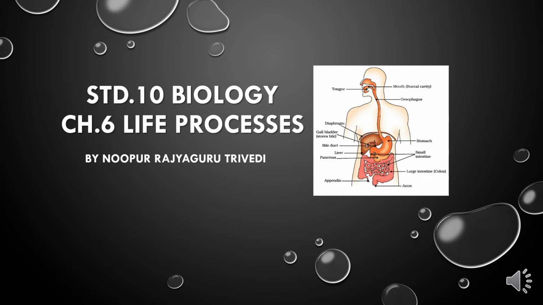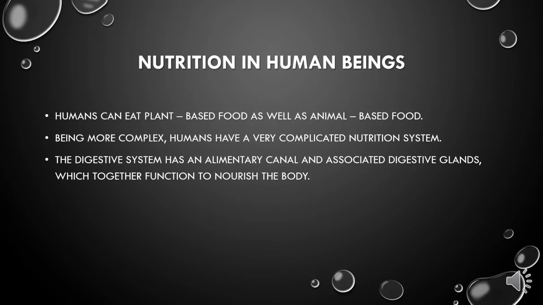As you know, in the last video, we discussed nutrition like autotrophic nutrition, heterotrophic nutrition, photosynthesis, etc. In this video, we are going to discuss nutrition in human beings. As you know, humans can eat plant-based food as well as animal-based food.